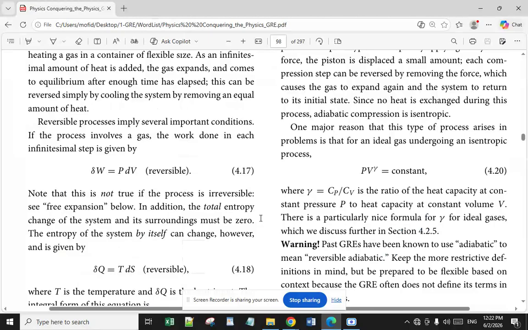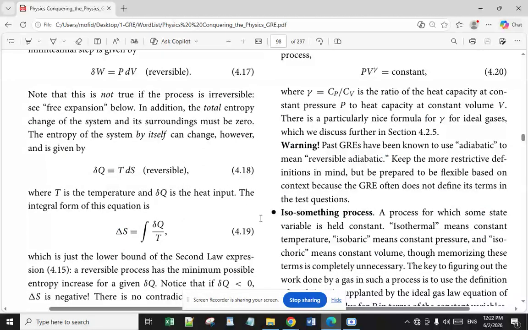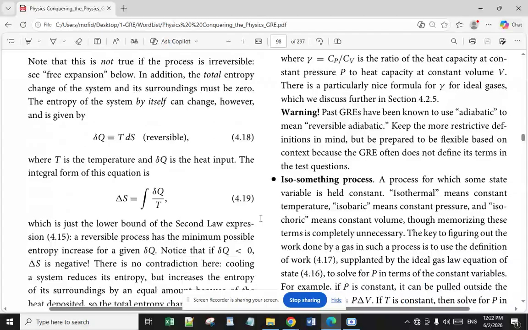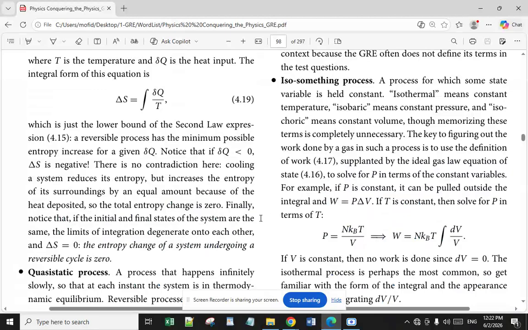The entropy of the system by itself can change, however, and is given by dQ = T dS for a reversible process, based on equation 4.18, where T is the temperature and dQ is the heat input. The integral form of this equation is delta S equals the integral of dQ divided by temperature, which is just the lower bound of the second law expression based on equation 4.15.